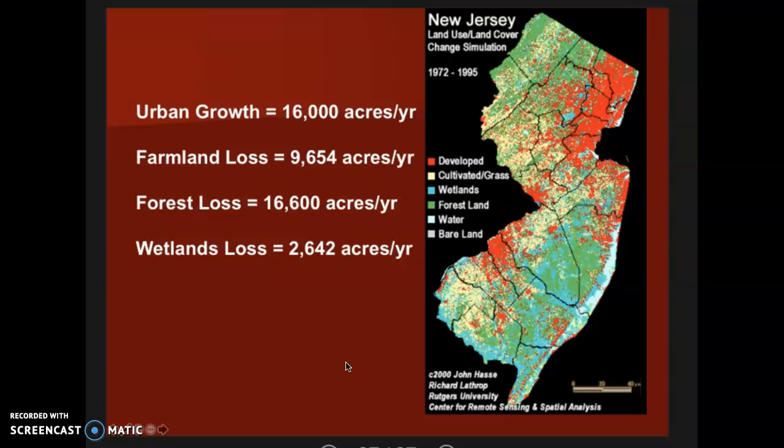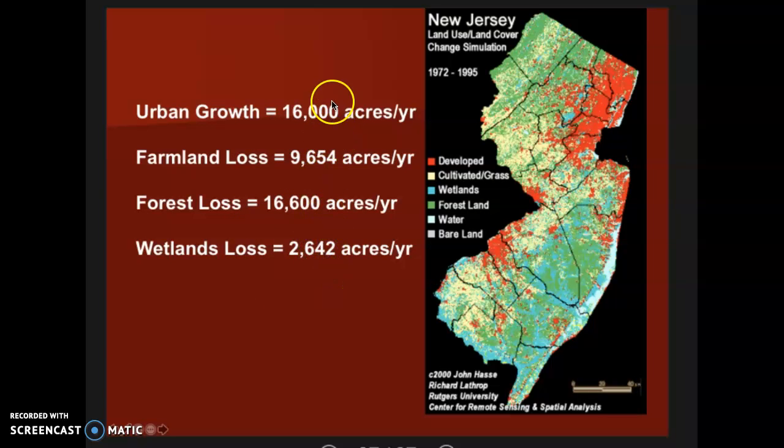And you could see, generally speaking, that the developed, that red increases. I mean, that's the most significant noticeable change. And then using Erdas Imagine, John was able to actually quantify how much land space was lost to urban growth. And some of it was to urban growth.